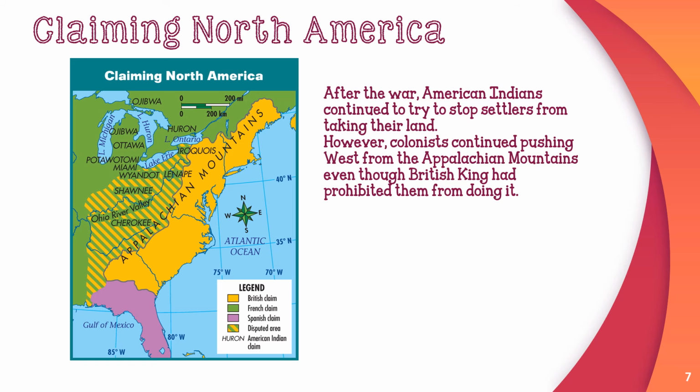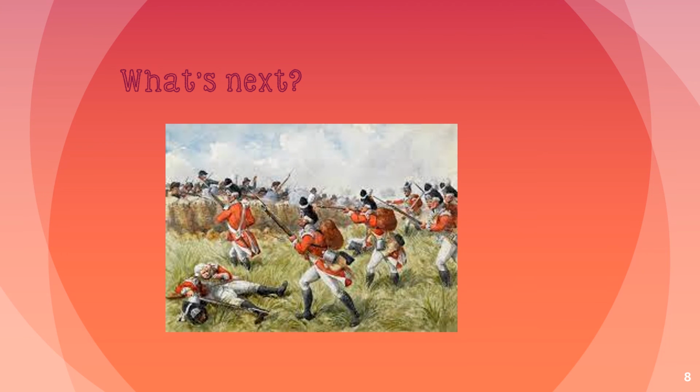So Britain claimed all the area east from the Appalachian Mountains. The French claimed the area west past the Great Lakes, and the area in between was the disputed area. In the end, the British settlers claimed the area for Great Britain. They won the war, and this area was ruled by this country.